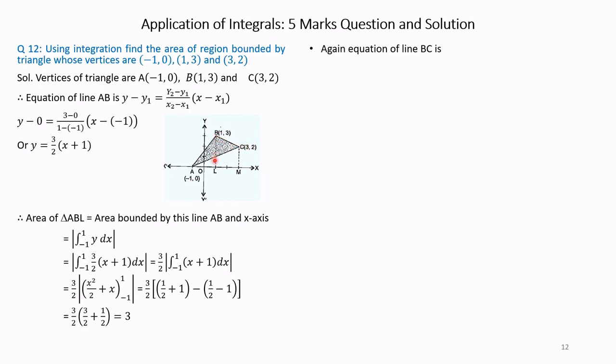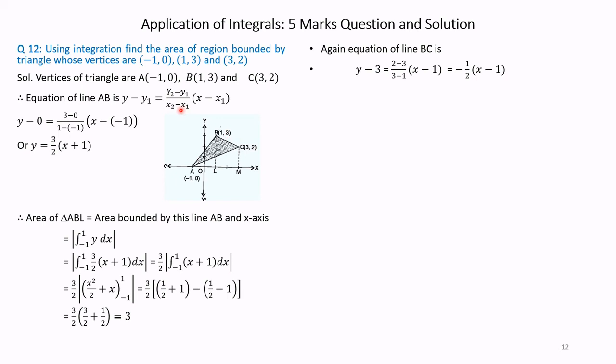Here, BCL. The line BC is given by the same way. For BC we get y minus 0... y minus 3 equals (2 minus 3) divided by (3 minus 1).